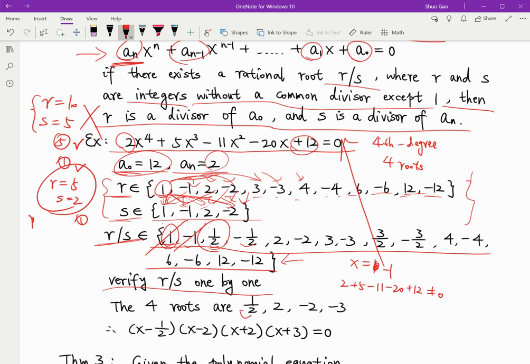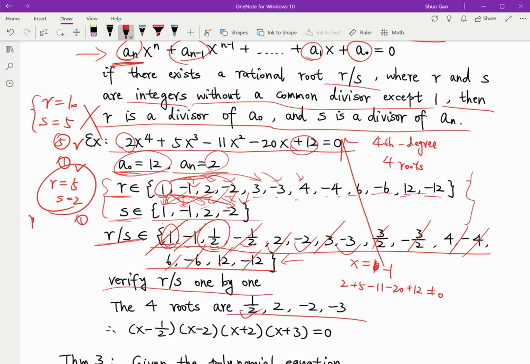So that means that 1/2 is one of the rational roots of this equation. And then we plug in the rest one by one, and we can find all the roots after cancelling out. And we find that there are exactly 4 rational roots for this equation.